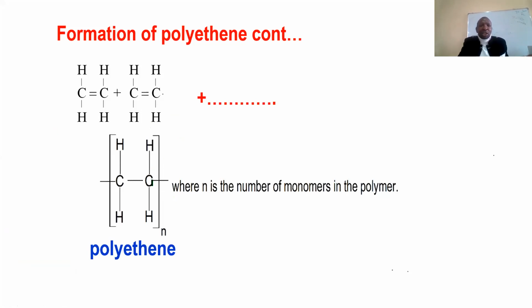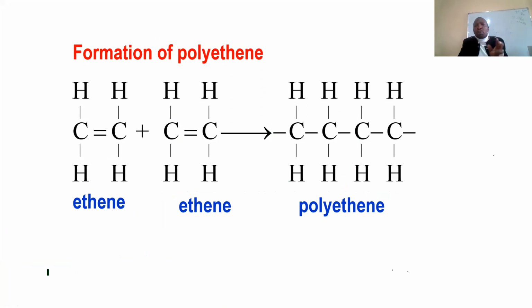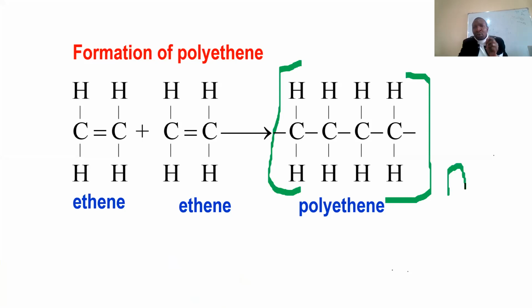But if you're told to draw a section of the polymer consisting of 2 or more repeating units, you don't put a bracket now. You don't circle. If you are told to draw a section of polyethylene consisting of 2 repeating units, you don't put brackets.